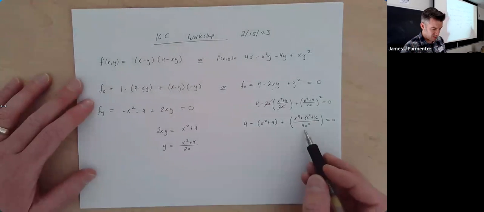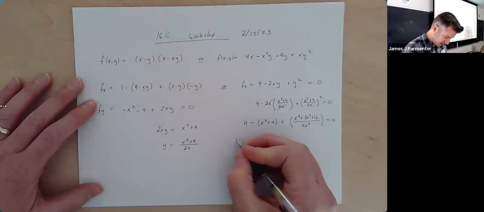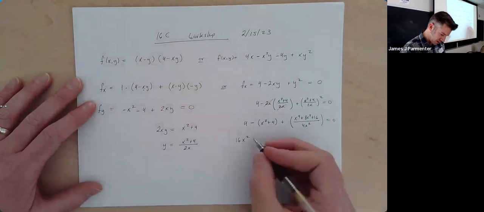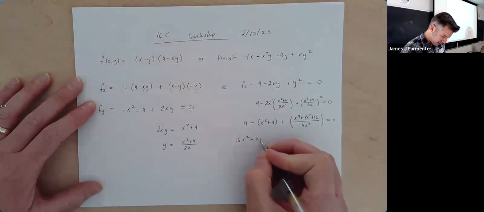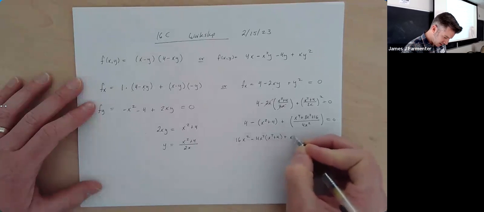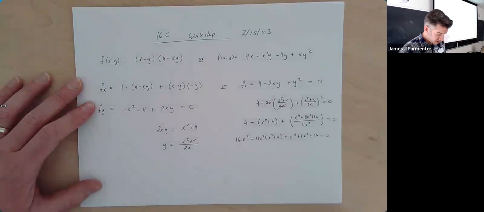I would probably multiply everything by the denominator just to get rid of the denominator. If I multiply everything by 4x squared, I'm going to have a 16x squared, a minus 4x squared times x squared plus 4, and a plus x to the 4th plus 8x squared plus 16 equal to 0.